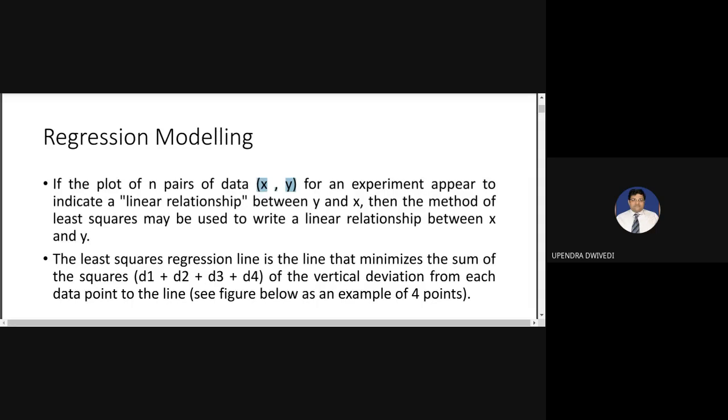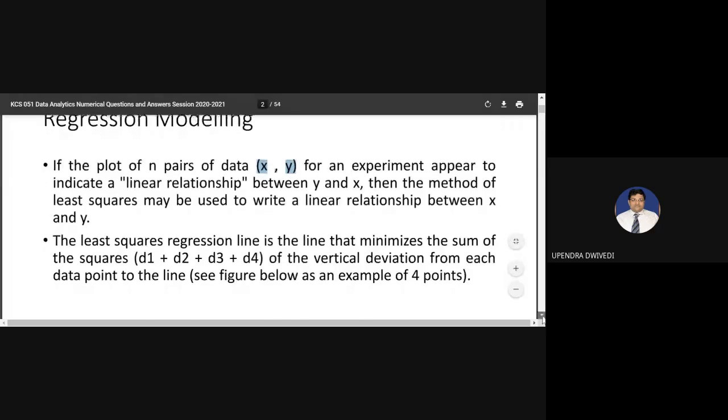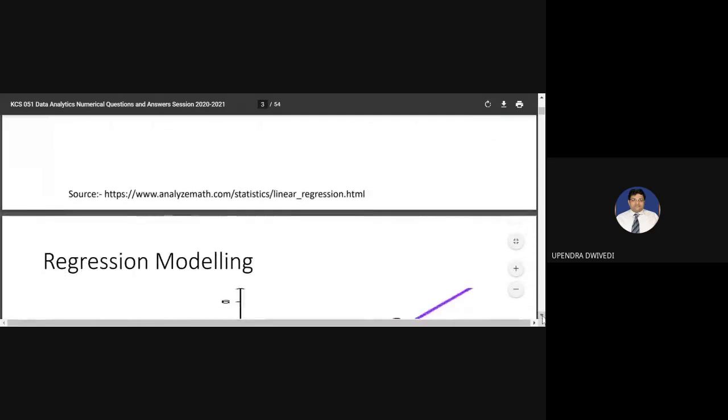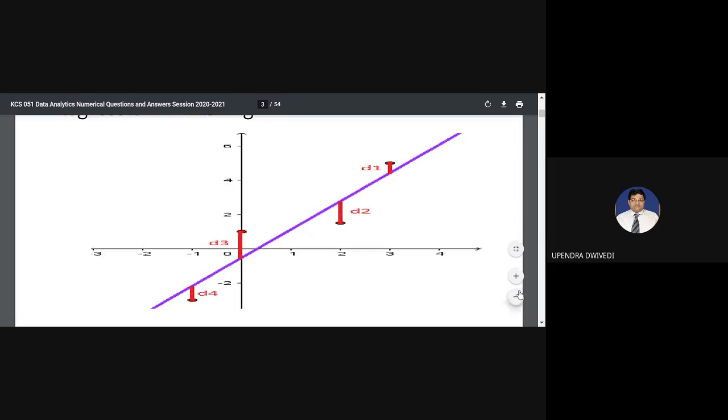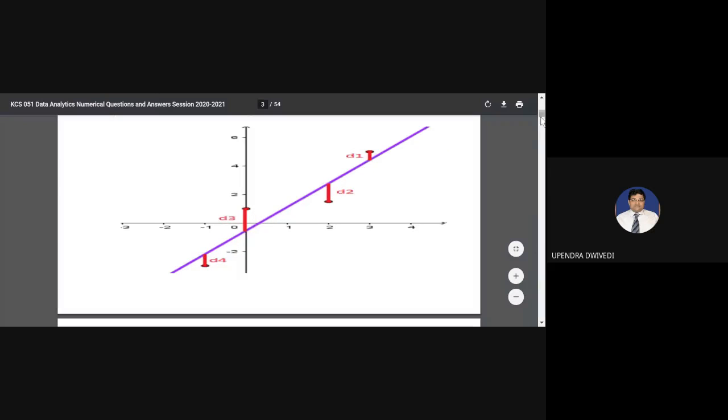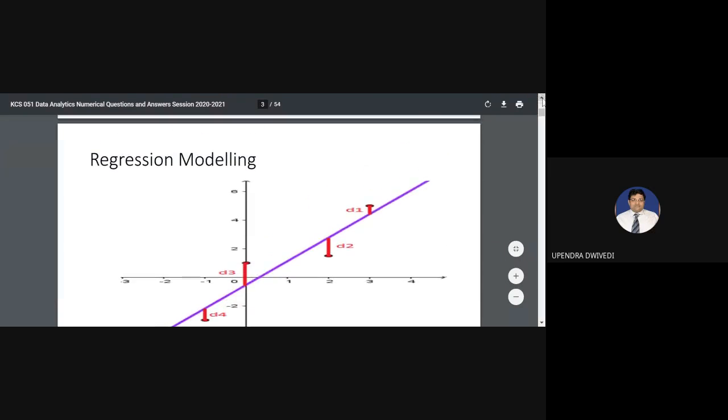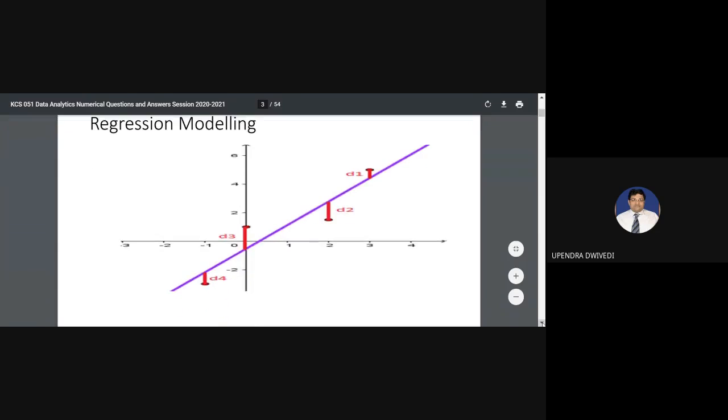So what is a least square regression line? That is an example of regression modeling. If we talk about the least square regression line, it looks like this. Let me minimize it. Okay. You can see there are 4 data points, D1, D2, D3, and D4.